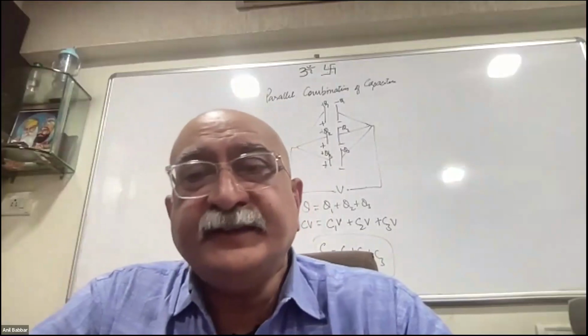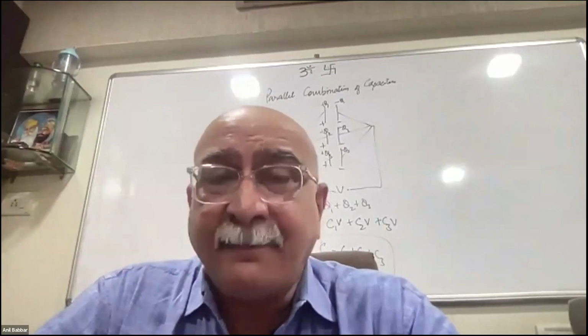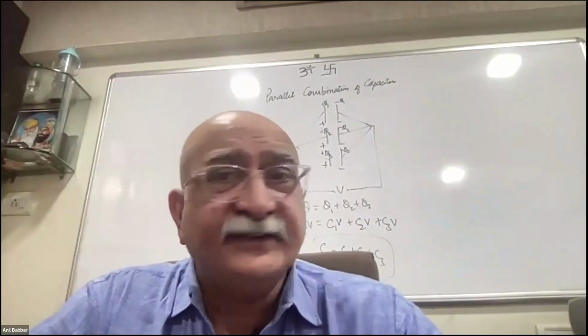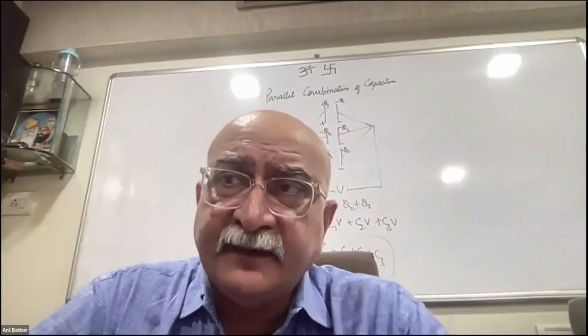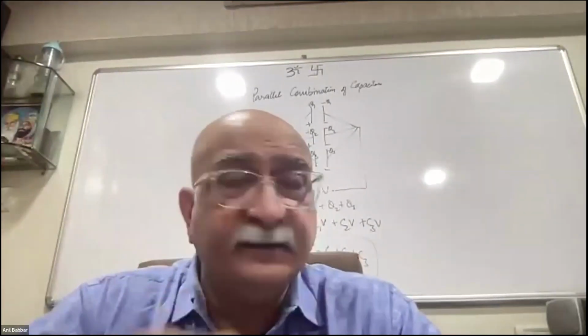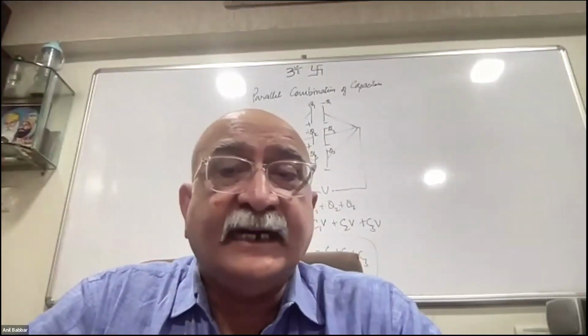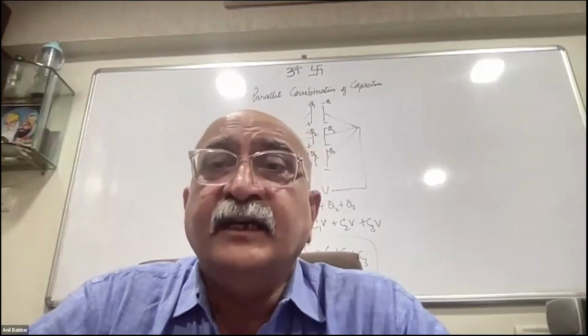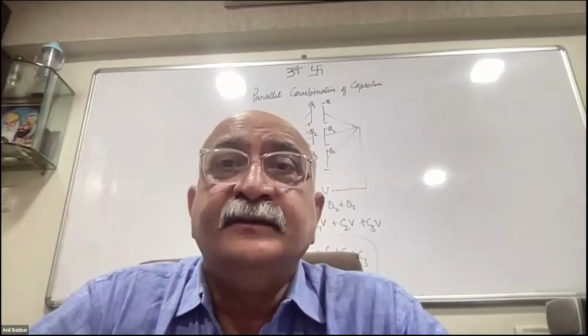The potential difference across each capacitor remains the same, whereas the charge remains the same in case of the series combination of the capacitors. Here the potential difference across each capacitor will remain the same. The charge on each capacitor is always proportional to the capacitance.